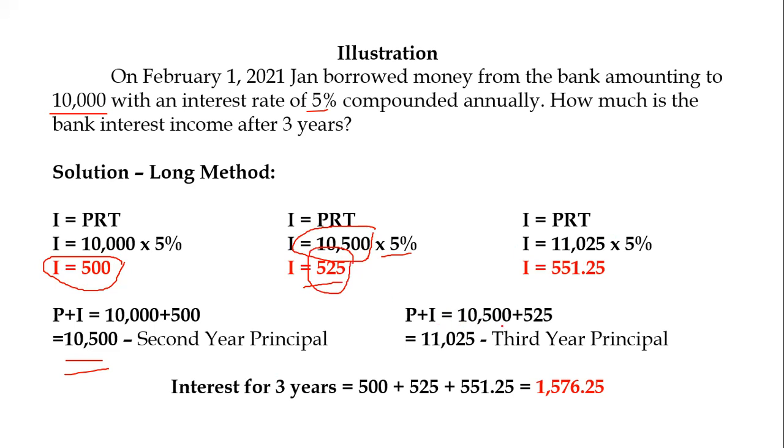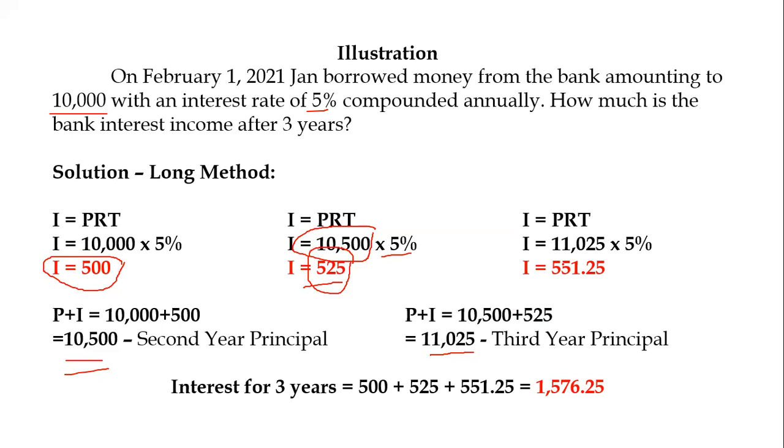So 10,500 plus 525, that is 11,025. That is the new principal na pagbabasihan natin in computing the interest for the third year of the loan.